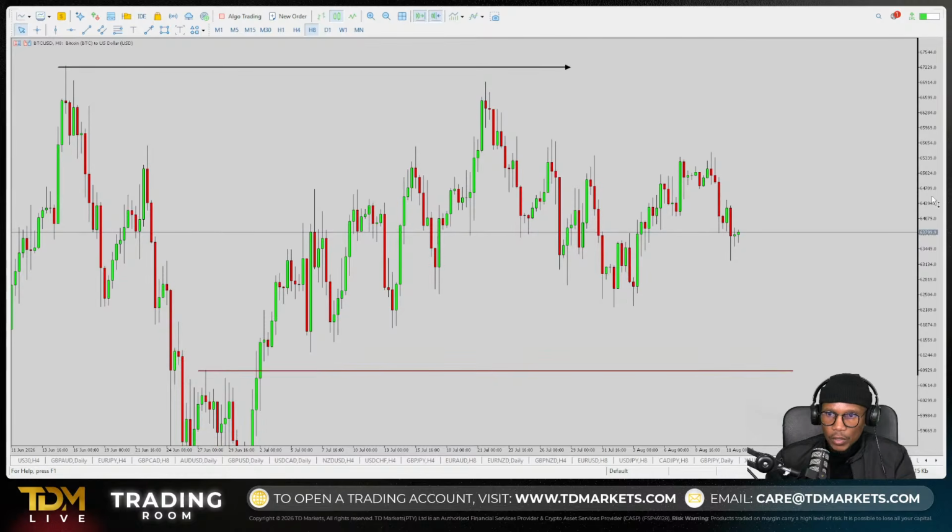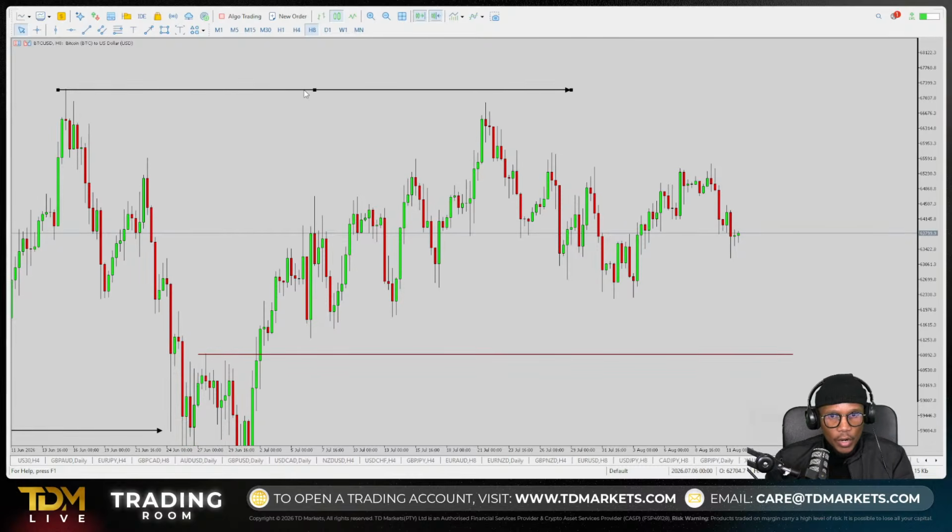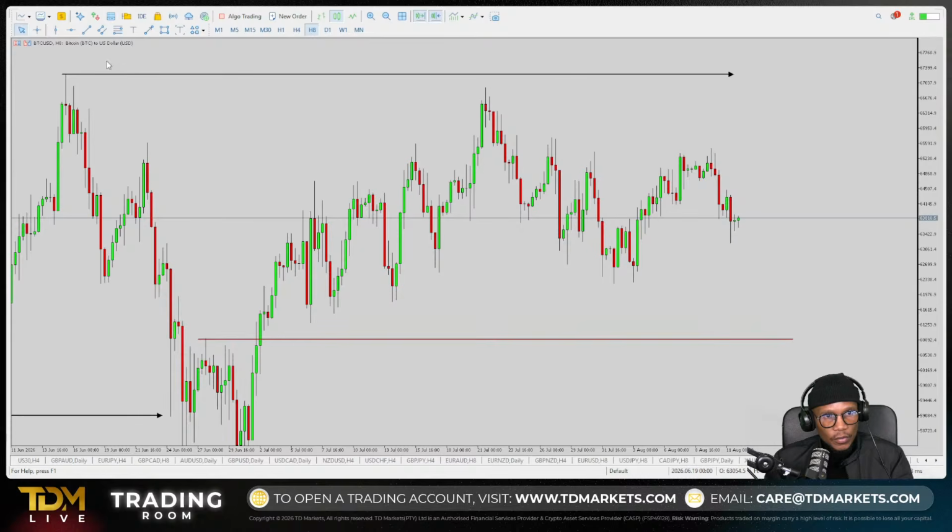Okay, cool. So Bitcoin, we still anticipate Bitcoin to go back to this high of 67,000. Now, there are two ways you can look at Bitcoin right now. The first way is Bitcoin is creating this structure, which is a continuation structure.